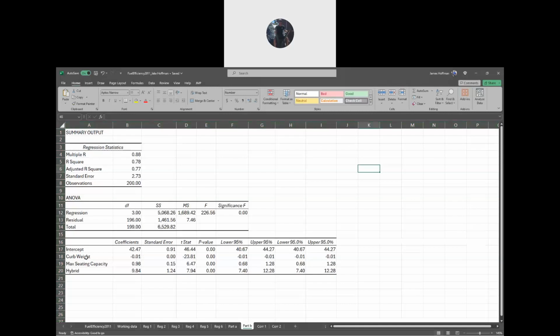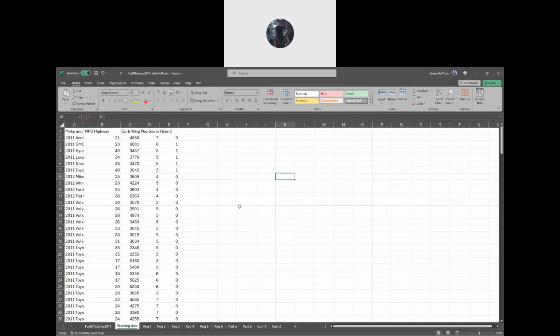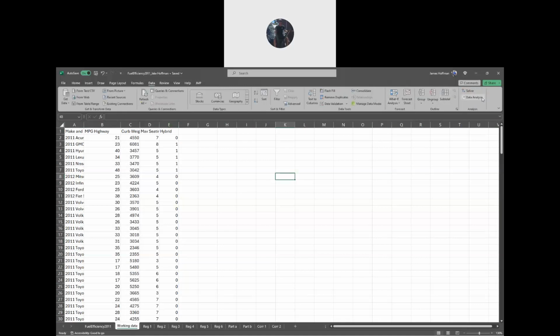Okay, the end with curb weight for part B. So let's just make sure. So curb weight, max seating capacity, hybrid. So if I were just to do one more check, we already know the answer.